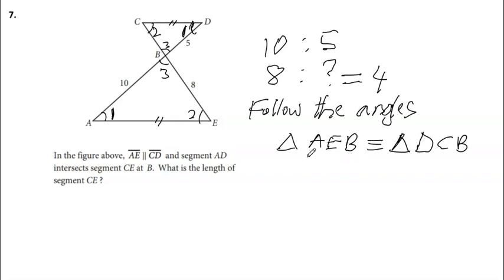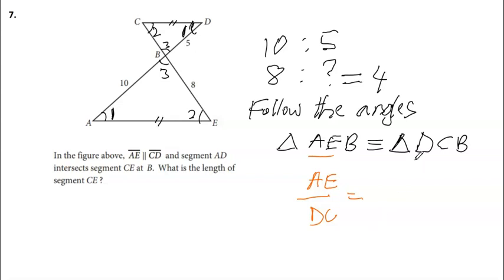Very important. Once you are able to do this, you can pick any pair of the letters and say that their ratios are equal. What I mean is I can say that AE over DC is going to give me the scale factor.